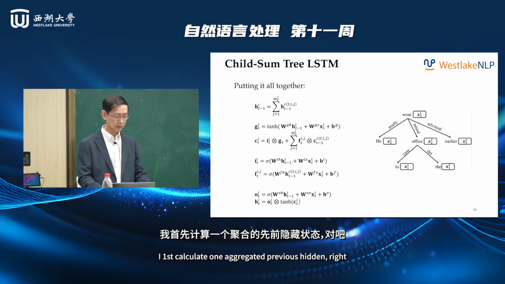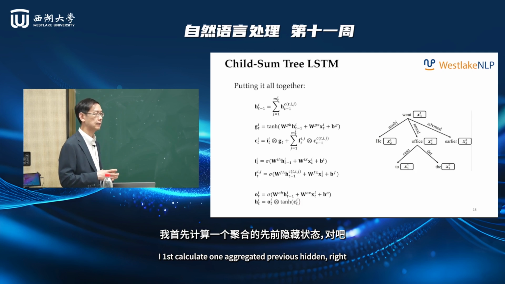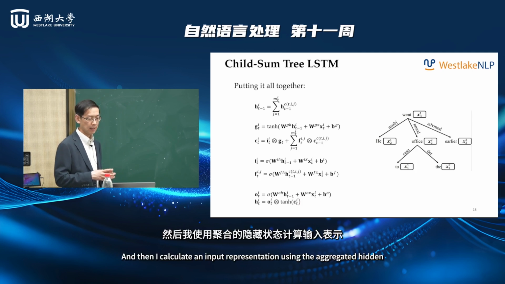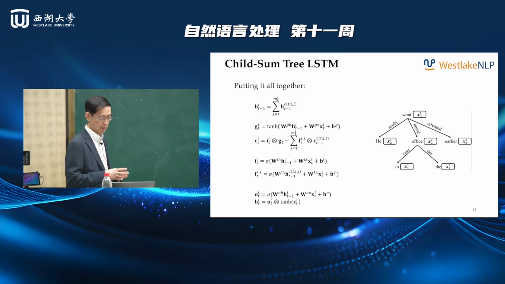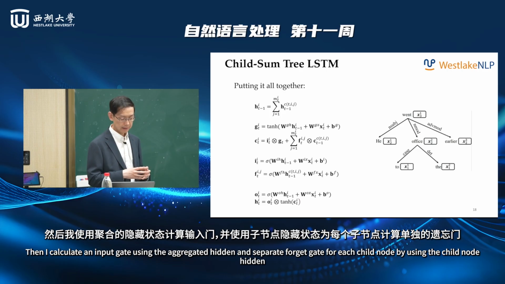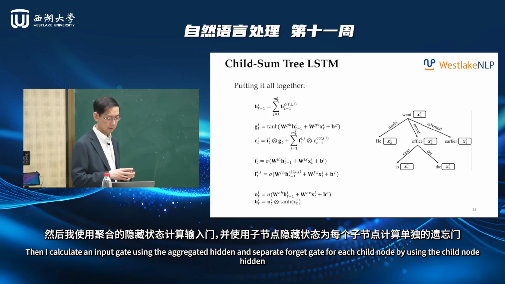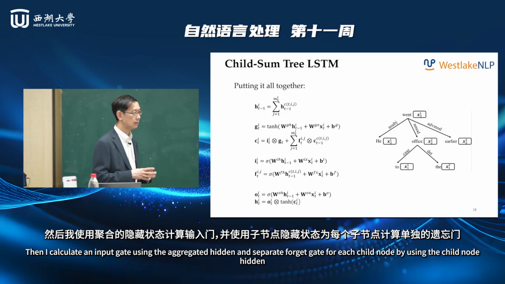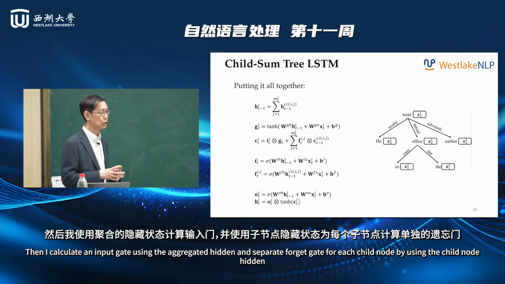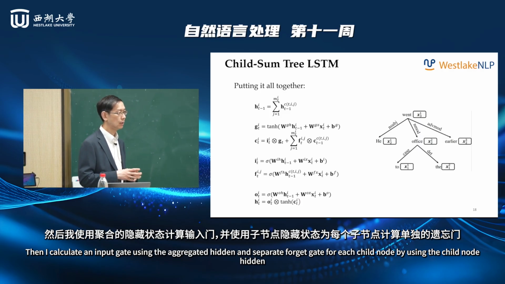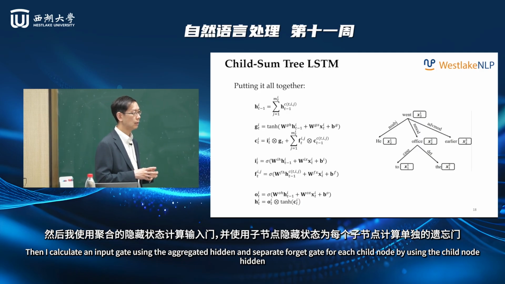Now, if I put all these equations together, you have this. I first calculate one aggregated previous hidden. And then I calculate an input representation using the aggregated hidden. Then I calculate an input gate using the aggregated hidden and a separate forget gate for each child node using the child node hidden.